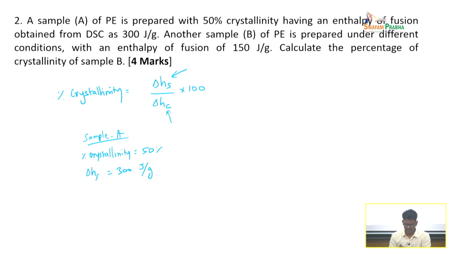So using this definition we can calculate the fully crystalline heat of fusion. From here you will get delta Hs by percentage crystallinity into 100, and this would give you 300 by 0.5.